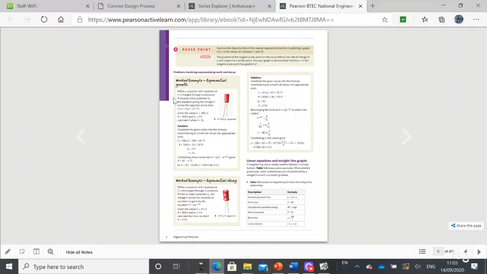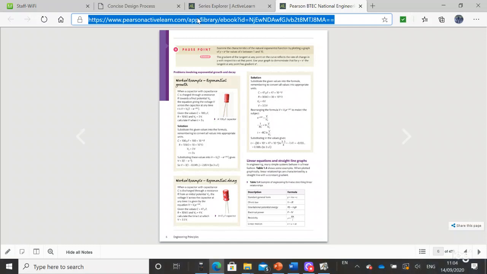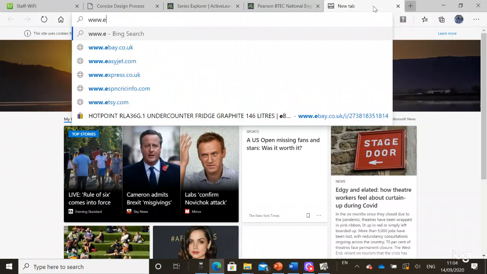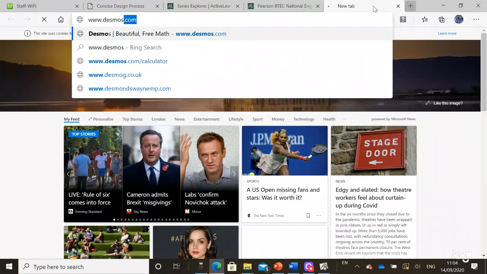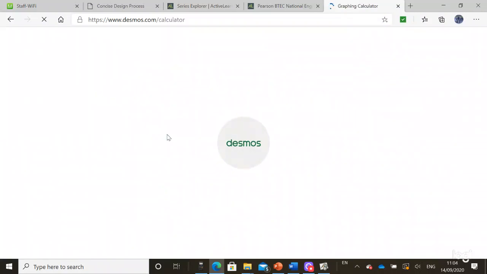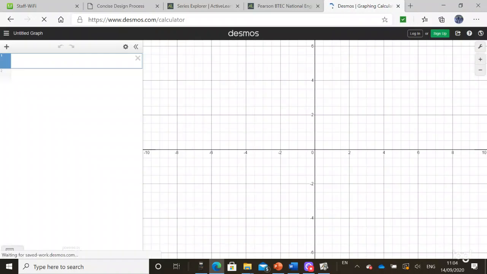So if I get back to Desmos.com, obviously I need to put some numbers in. So let's do the first charging formula.